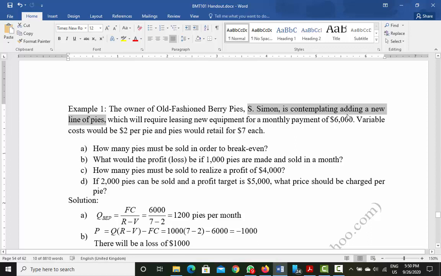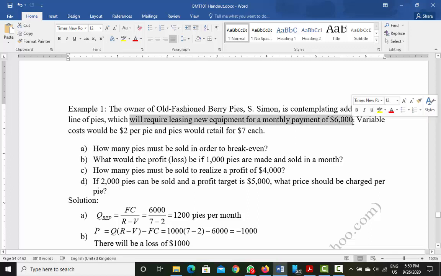Simon is contemplating, that means thinking, of adding a new line of pies which will require leasing new equipment for a monthly payment of $6,000.